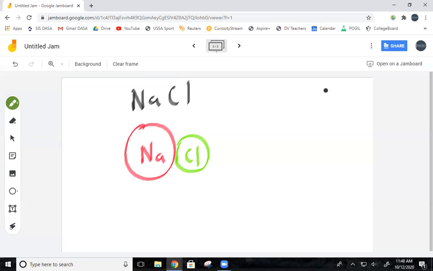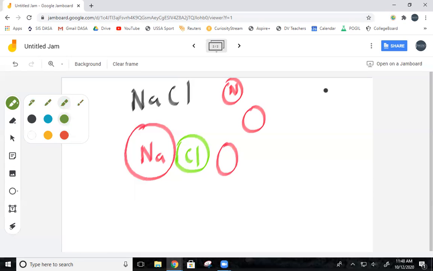So if you are maximizing the forces that are attracting each other, you'll end up with, and what will happen is it will arrange itself in kind of a lattice structure like this, okay?